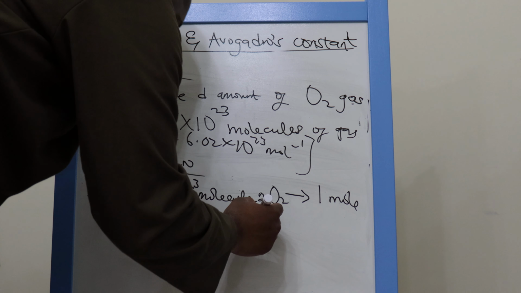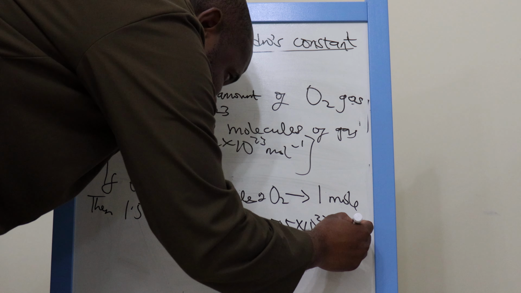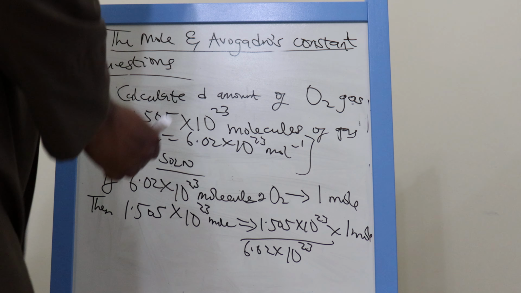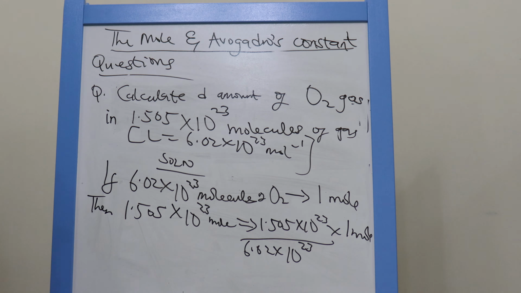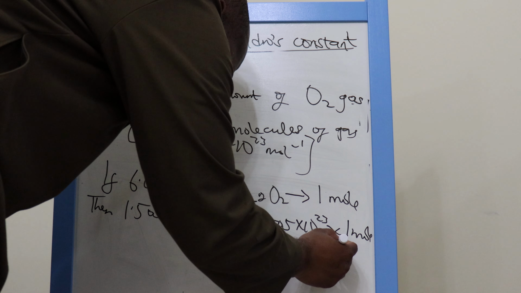So we have 1.505 times 10 to the exponent 23 all over 6.02 times 10 to the 23, times 1 mole.